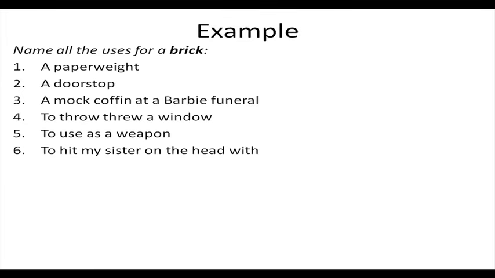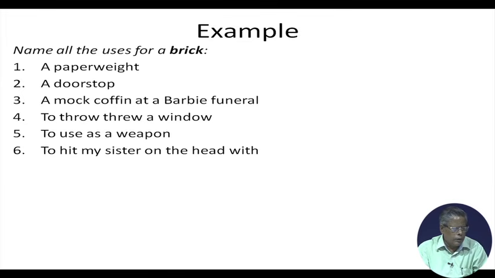An example is there. Say, for example, name all the uses for a brick. A brick is generally used for the construction of a wall. It is a conventional use.